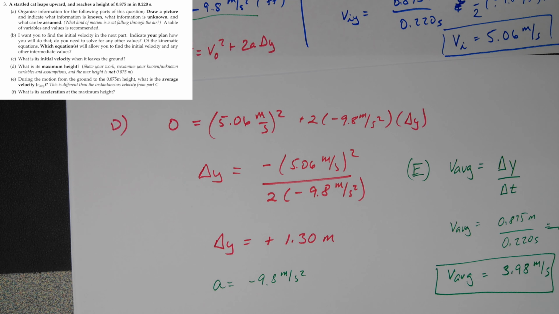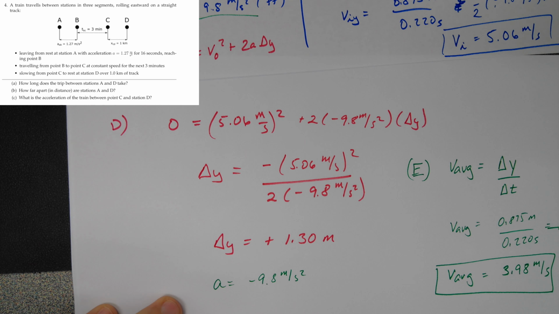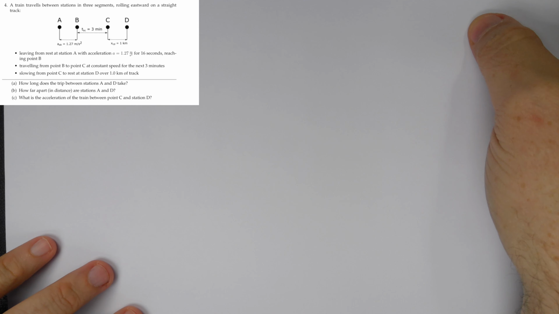All right, so we need to do the fourth problem. This is one of these segmented motion problems. The reason for doing a segmented motion problem is that we want to have a couple of parts of the problem.